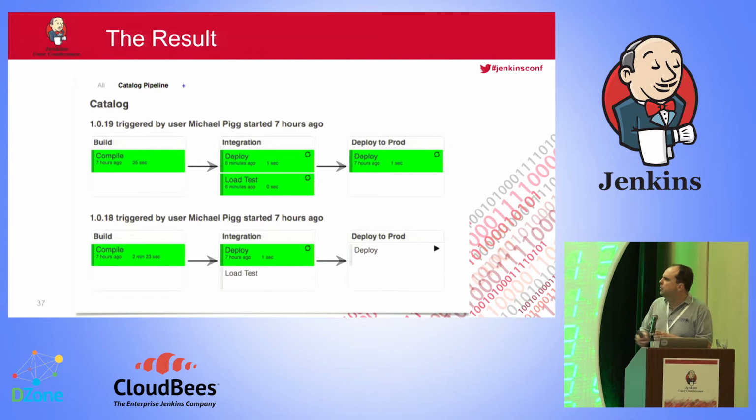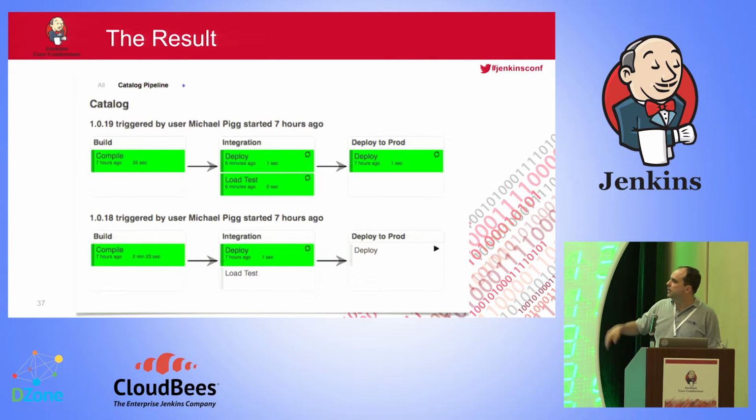And so you can see the most recent execution, the 1.0.19, is up at the top, and then 1.0.18 is below that. And that 1.0.18 was an instance that didn't make it all the way to production. It got deployed to the test environment, but for whatever reason, we decided not to continue with it.